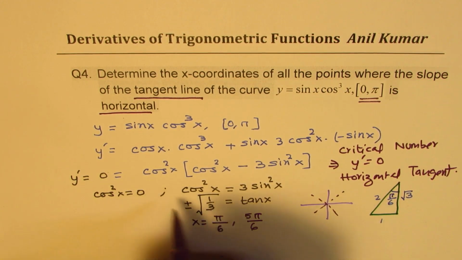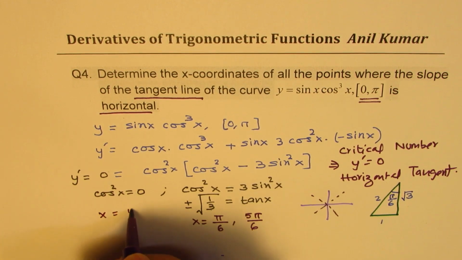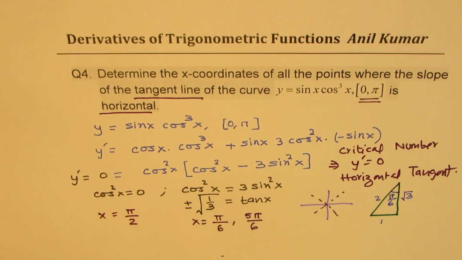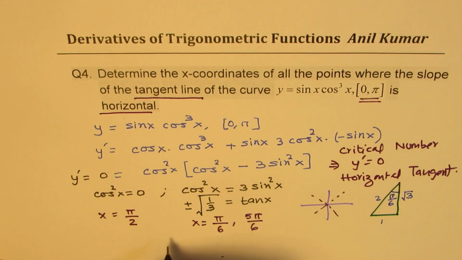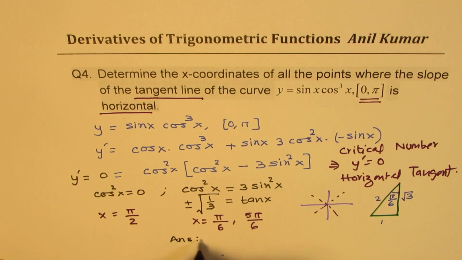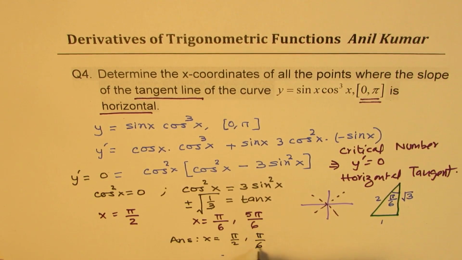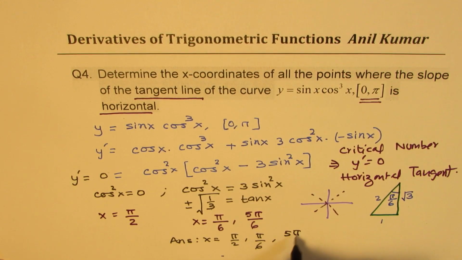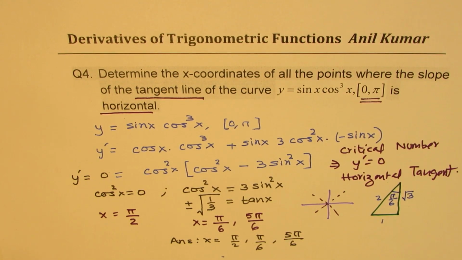So this is at x equals pi by 2. Correct? So these are the solutions where the tangent line will be horizontal. So we get the answer x equals pi by 2, pi by 6, and 5 pi by 6, since we are working in the interval 0 to pi. I hope that's absolutely clear, right?